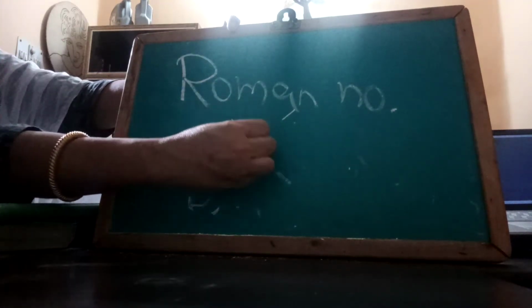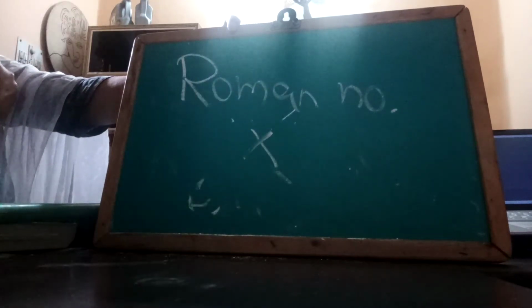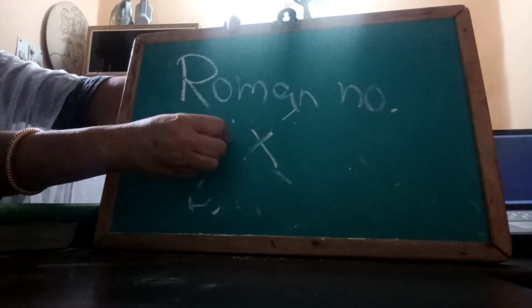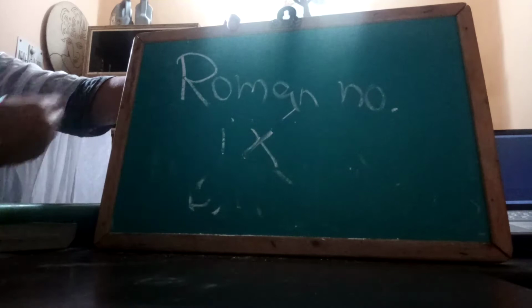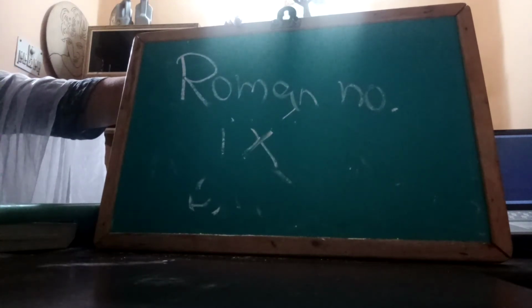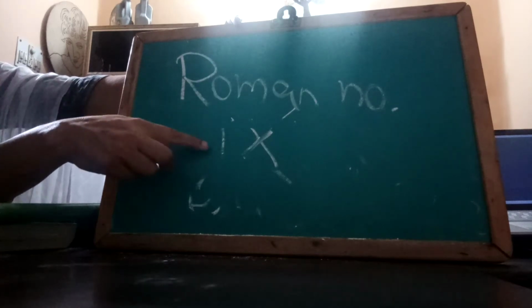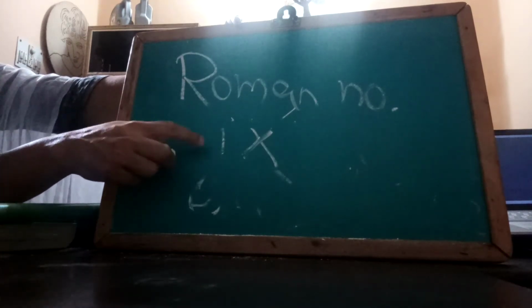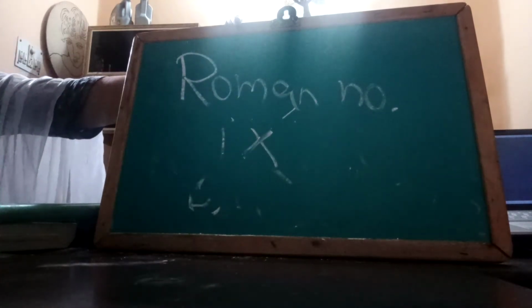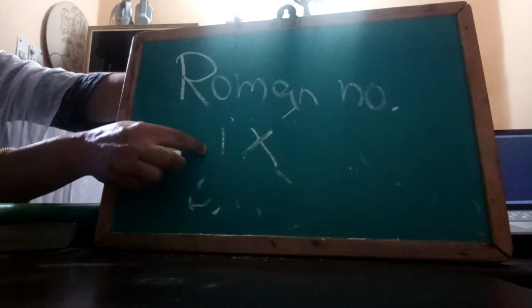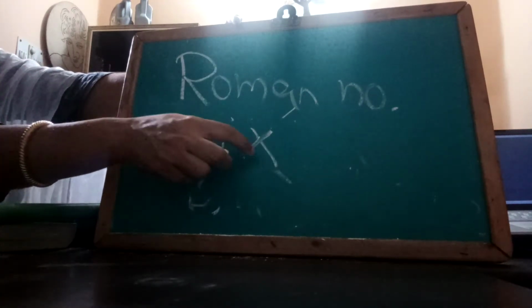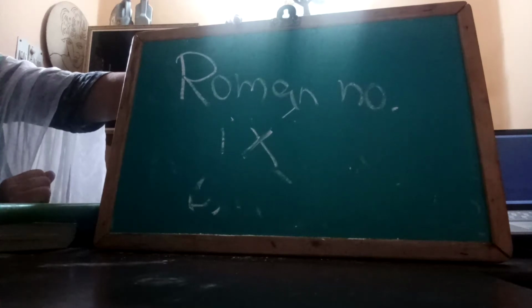For example, X. Okay. And I write I here. Then X denotes 10 and I denotes 1. So when you write a smaller number on the left of a bigger number, you minus this number from the number on its right. So X denotes 10 and I denotes 1.